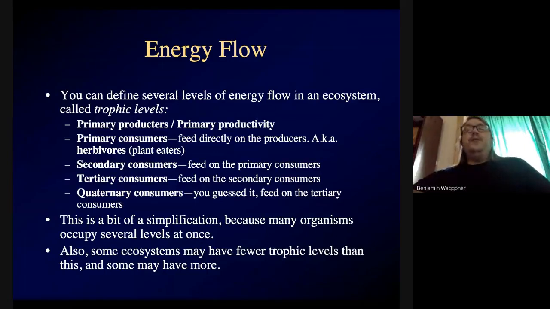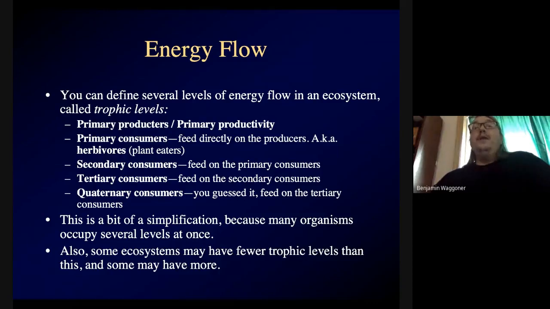Now, some ecosystems may not have exactly this many trophic levels. In the ocean, there are some ecosystems that might have as many as 9 and as few as 2. Not all ecosystems have exactly 1 level of primary producers and then 4 levels of consumers. And then, of course, many organisms might occupy several levels at once.